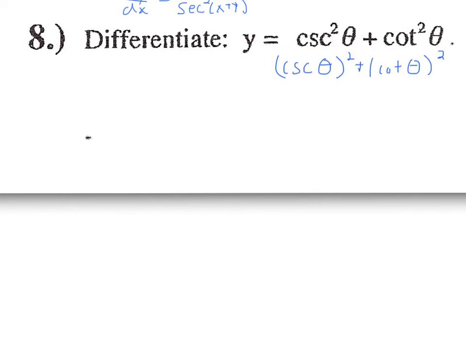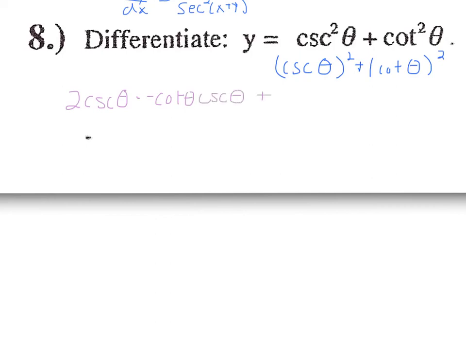So we'll get 2 times the cosecant of theta raised to the first, and then we need to multiply that by the derivative of cosecant theta, which is negative cotangent theta cosecant theta.